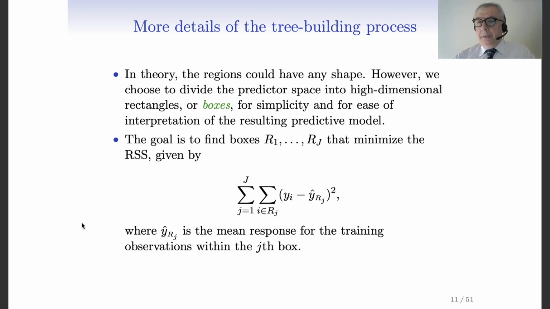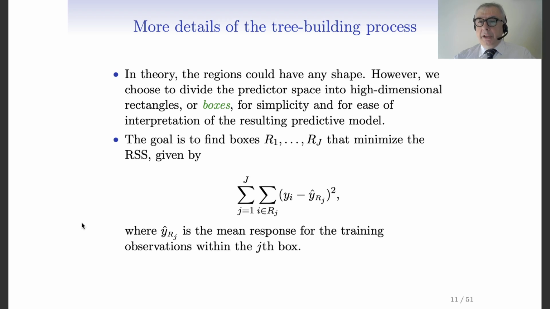With these principles, in theory, you could consider regions of any shape, but in practice, we are always using regions that are rectangles. Of course, we are speaking about rectangles in higher dimensions, so they are high-dimensional rectangles, or if you like, we can call them boxes.